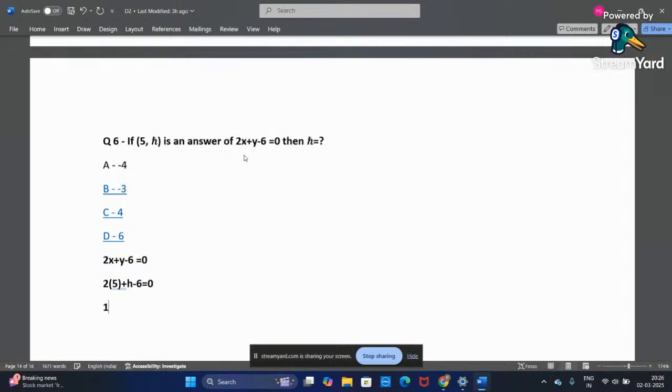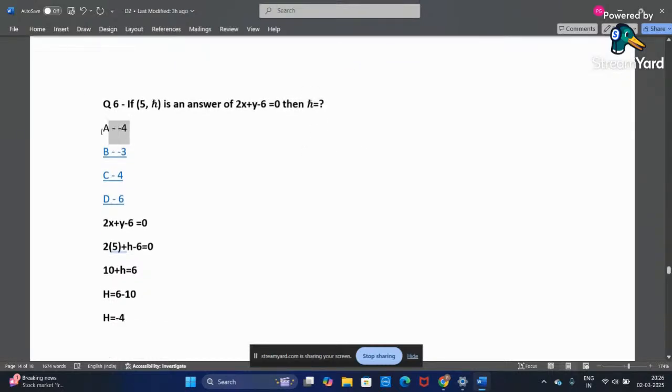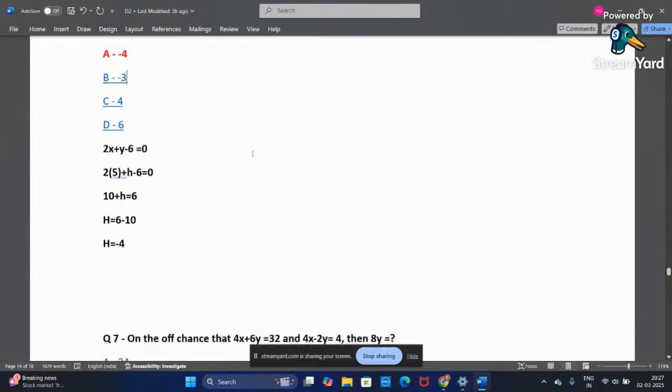So 10 plus h equals 6. So h equals 6 minus 10. So h equals minus 4. Minus 4 is the answer for this. You're just substituting the value. You're taking this 5 comma h as x and y, and you're substituting the x and y values here and finding the h value.